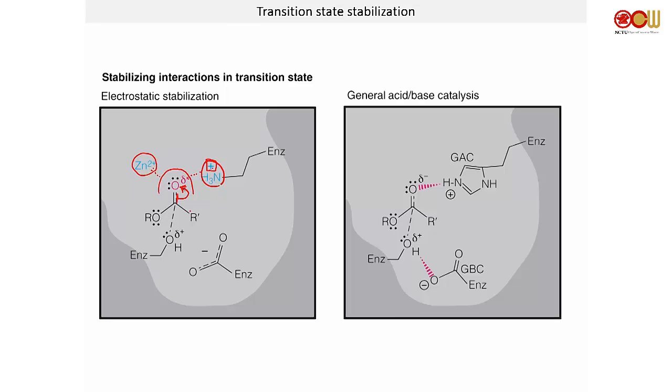Another way that you can stabilize the transition state is by using general acid and base catalysis. What does that mean? In a way, it's similar to electrostatic stabilization, but here it's a special type which we call acid stabilization, or acid catalysis.